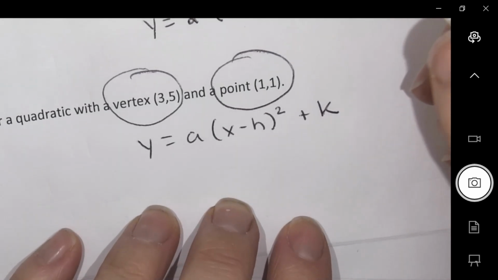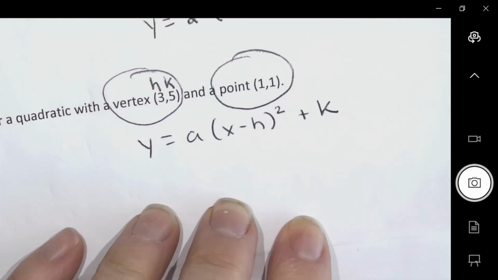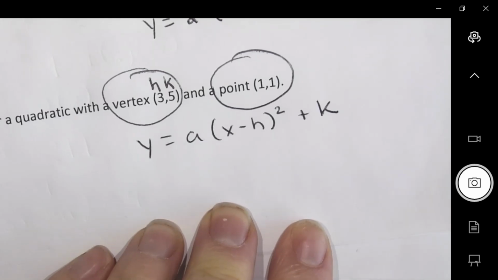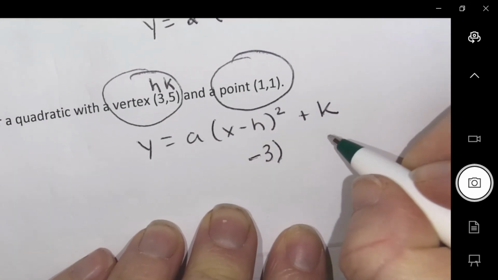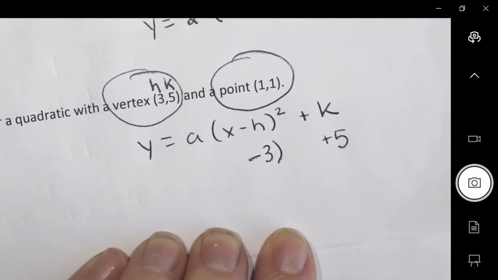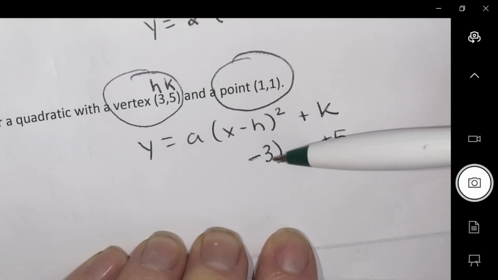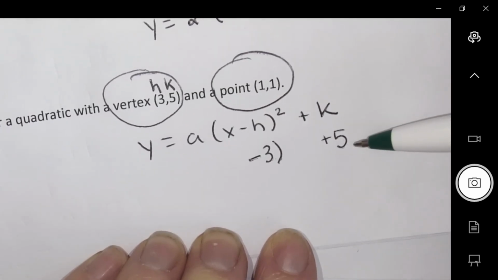Okay, so this is going to go in for the H, and this is going to go in for the K. Vertex is always HK. So minus 3 will go there, and a positive 5 will go there. So did you notice how the H, I wrote the opposite because I had a subtract? And did you notice how the K, I wrote the same value because it was a plus?